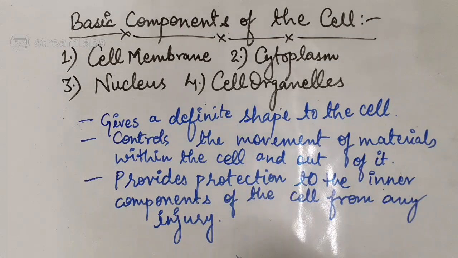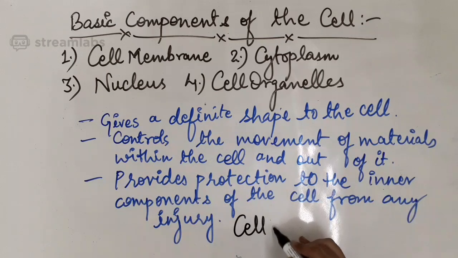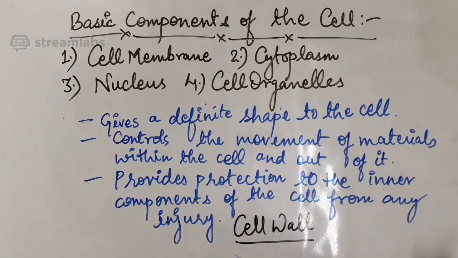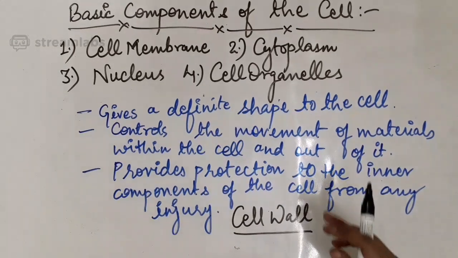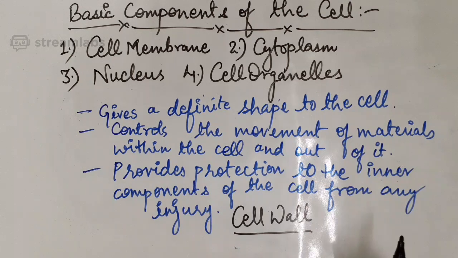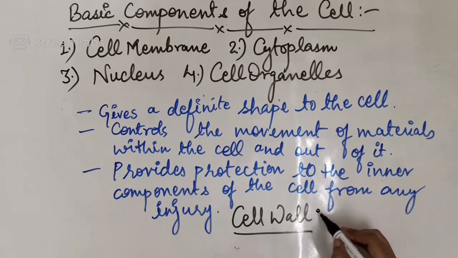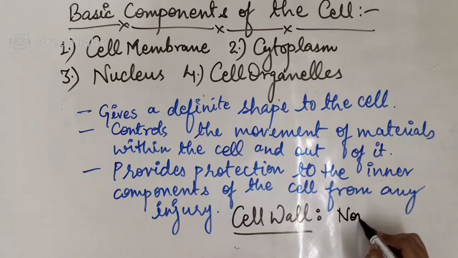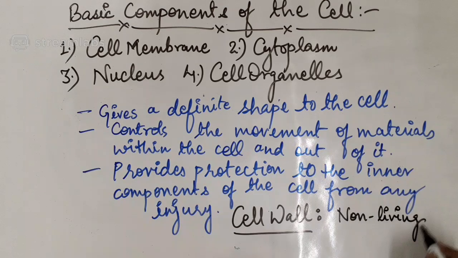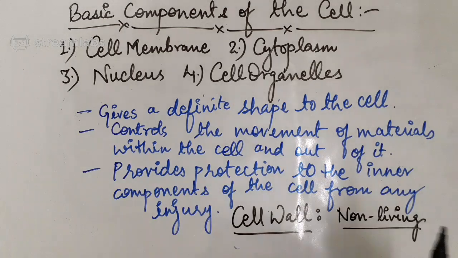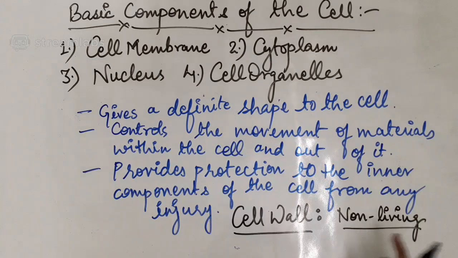In plants, over the cell membrane, what is present? The cell wall. Okay, cell wall, which is present only in plant cell, does the same function which a cell membrane do. Cell wall adds protection to the cell, and also it provides definite shape to the cell. And one more thing you should be knowing, that cell wall is non-living. ठीक है, non-living मतलब dead है, मतलब ये उन सेल से बनी है जो डिवाइड नहीं कर सकते.